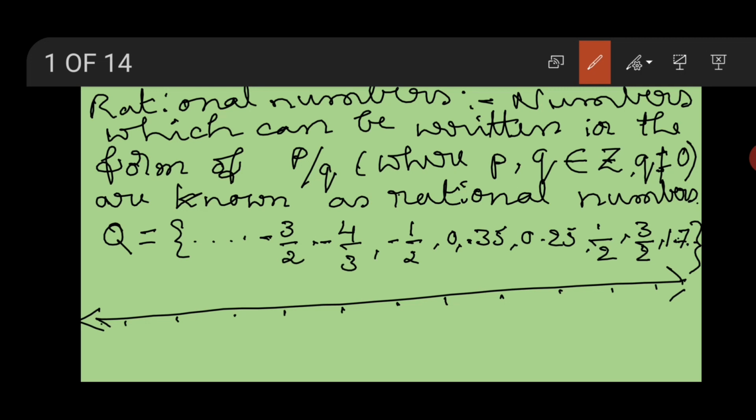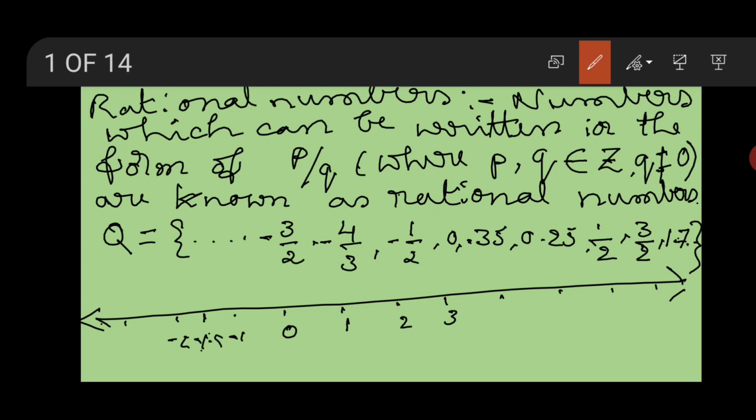We can take infinite number of rational numbers between any two numbers. Remember, between any two integers we can write infinite number of rational numbers. See, these are 0, 1, 2, 3, like that. These are whole numbers, or we can say these as integers, positive integers. Here -1, -2.